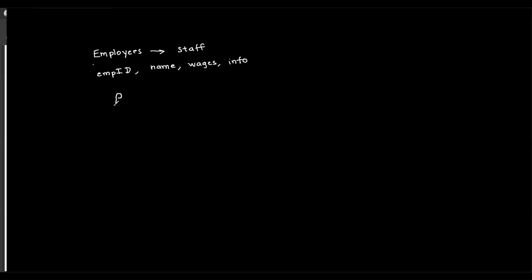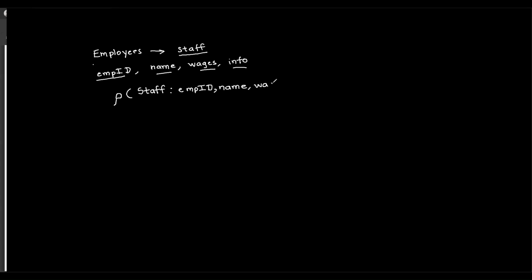So you will write down the renaming operator and then you will mention the new relation name, staff. Okay. And you will use a colon. Then you will write down all the new column names: emp ID in order. You have to maintain the order.